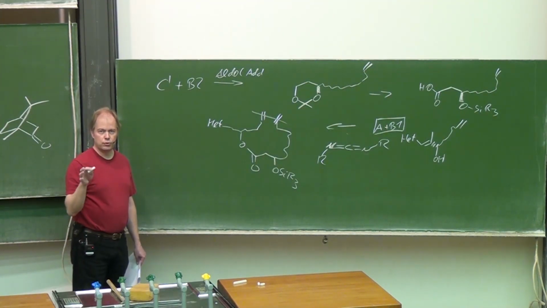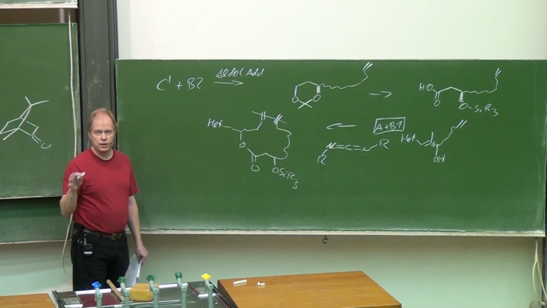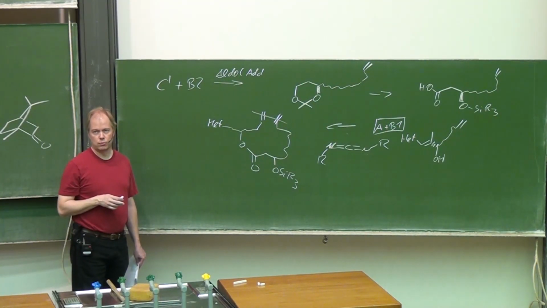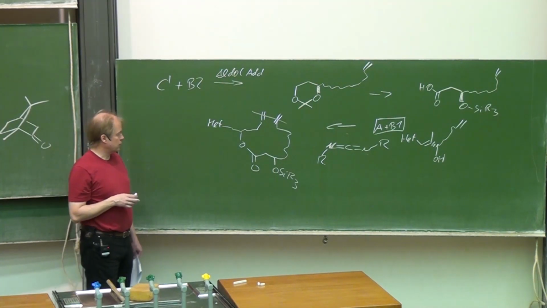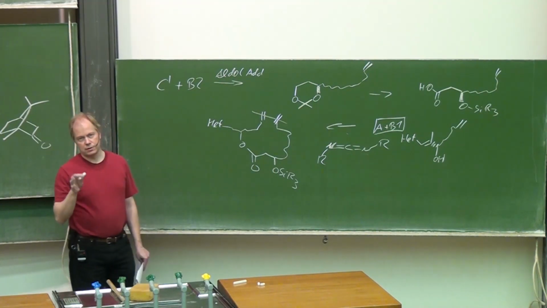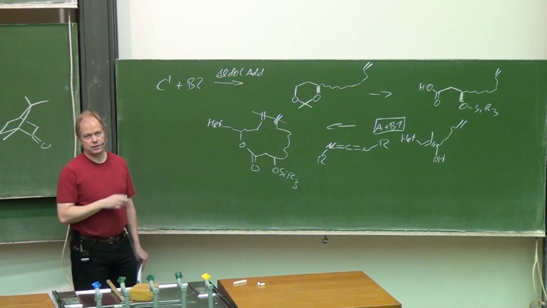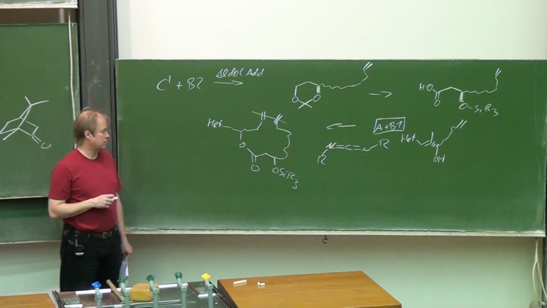The only problem they were facing then was that they had a mixture of the cis and the trans olefin in the ratio nearly 1:1. So of course that is then one remaining problem which remained unsolved, at least at that time.